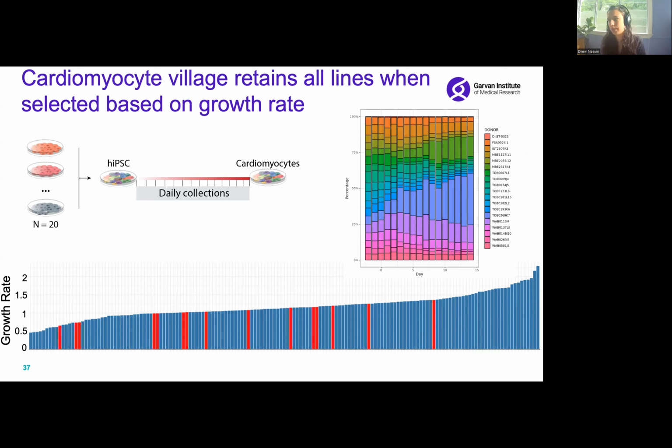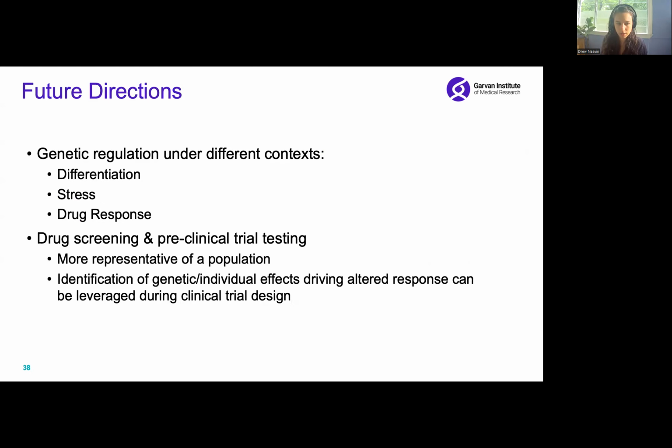This allows us to be able to detect all of the cell lines that we want. We do, of course, see a little bit of outgrowth of one of the cell lines here, but it's not as drastic as we were seeing before. And so this really allows us to take this to the next step and avoid those overtaking of the village.